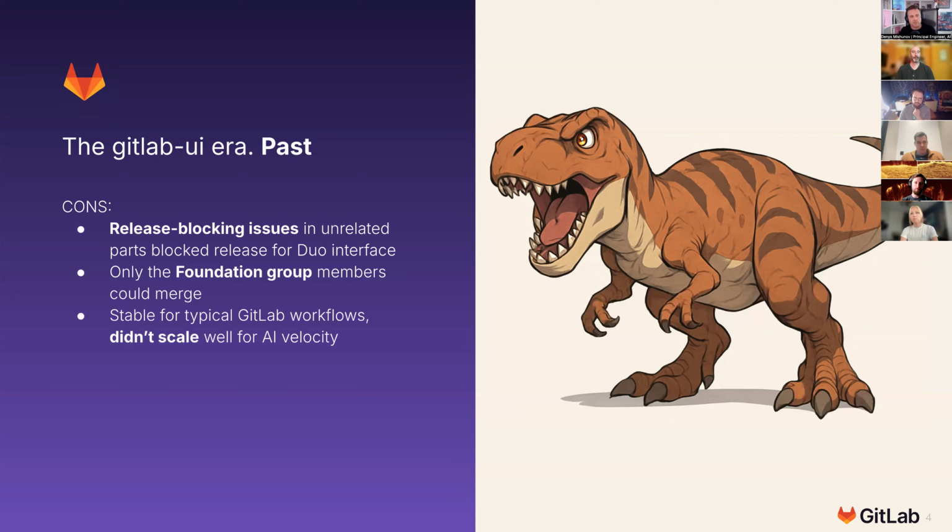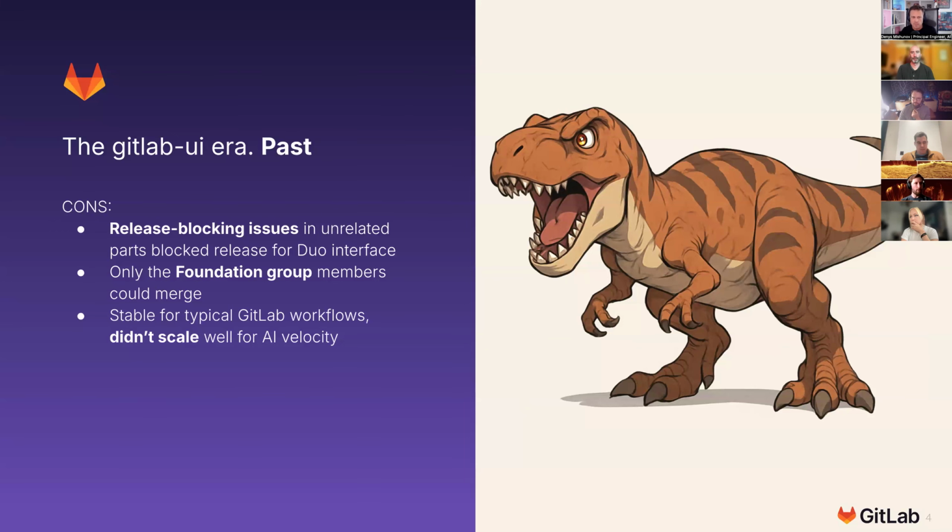Stable or typical GitLab workflows didn't scale well for AI velocity. Again, this is kind of the outcome of the first two. In AI, we are supposed to move really fast, really quick, and it's very prominent around important milestones like the experimental launch of Duo Chat. And we could not move as quick as we wanted because of the first two limitations in this list.